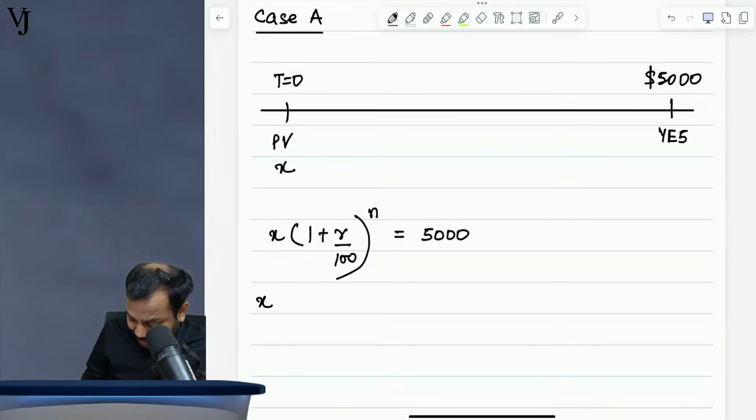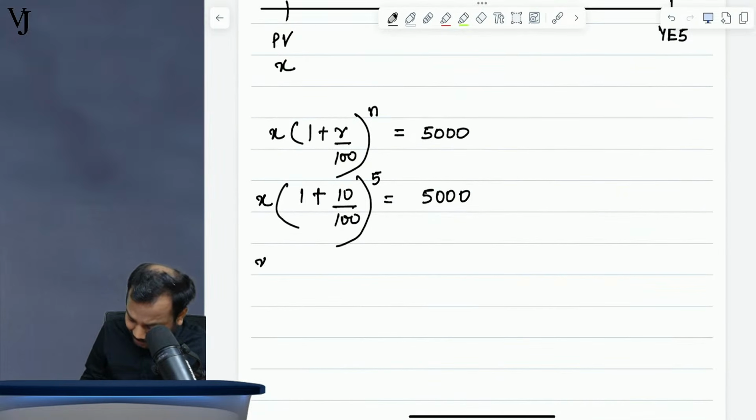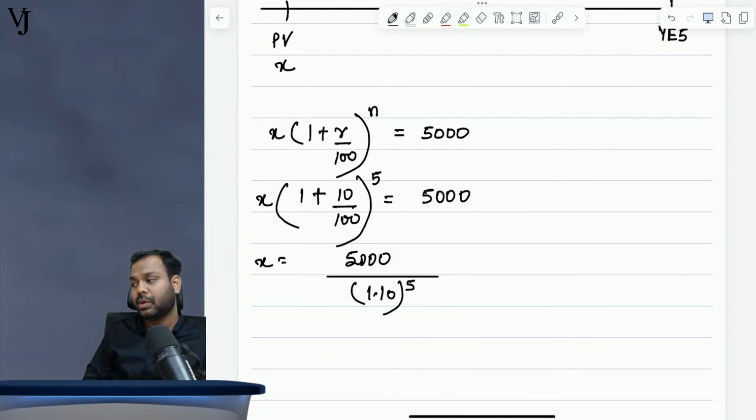So X times (1 plus 10 by 100) to the power 5 equals 5,000. Can I say X is equal to 5,000 divided by 1.10 to the power 5?